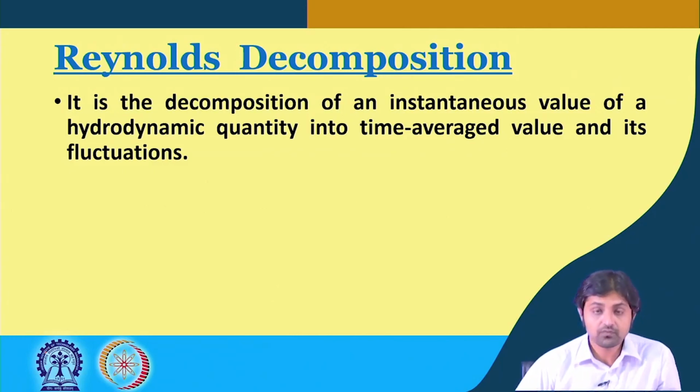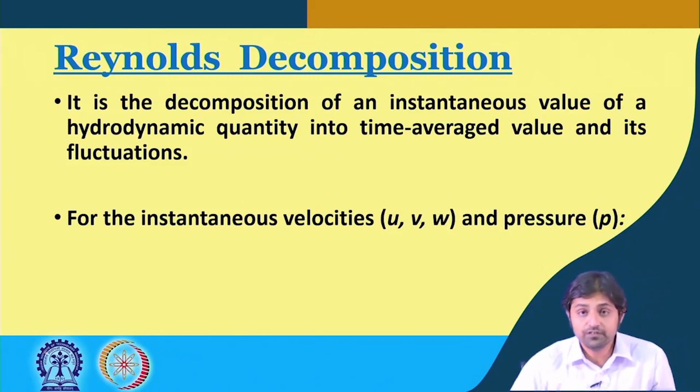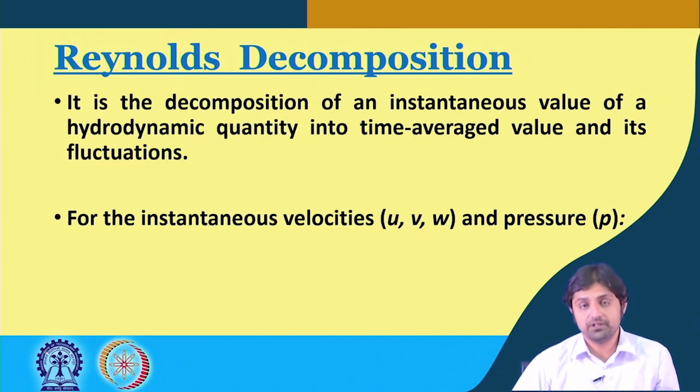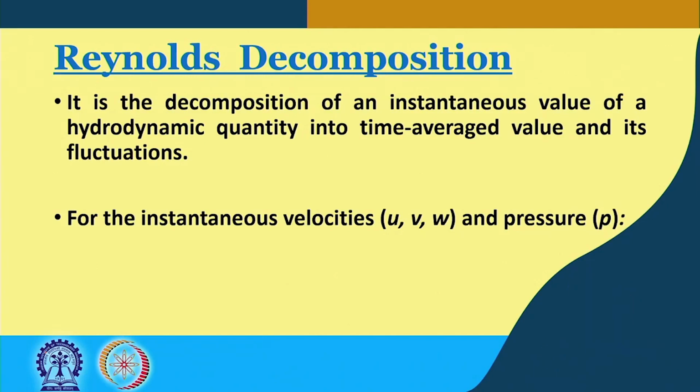If there is an instant velocity u, it can be broken up into two components: the average value plus whatever deviation it has from the average value, and those deviations are called fluctuations. For example, if you measure a velocity of 2 meters per second at some point in time, and the average velocity of that flow is 1.8 meters per second, then the fluctuation is 0.2 meters per second. This is just a very crude example.